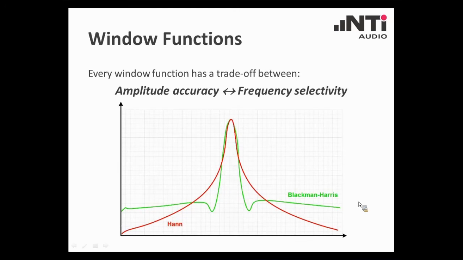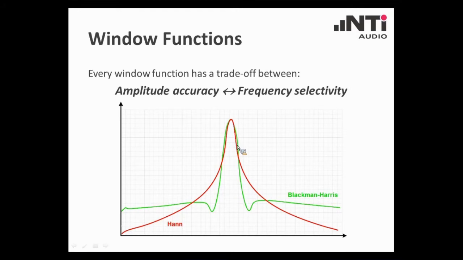Here you can see the spectra of the two window functions that I mentioned before, the Blackman-Harris in green and the Hann window in red. And you can also see that the Blackman-Harris window has a better damping of the side lobes, whereas the Hann window is tighter, is narrower here on that level, which means it has a higher frequency selectivity.